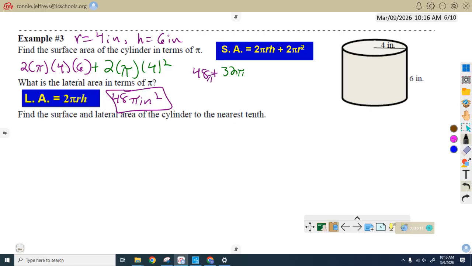All right, so we would get 80 pi inches squared. Literally just, this one makes a little bit more sense. Use the formula. The formula for the second one, not a big fan.